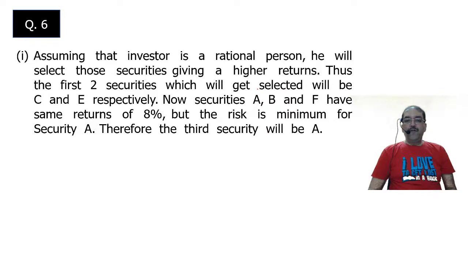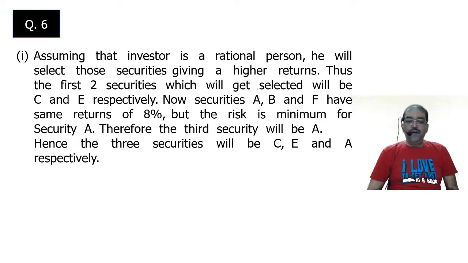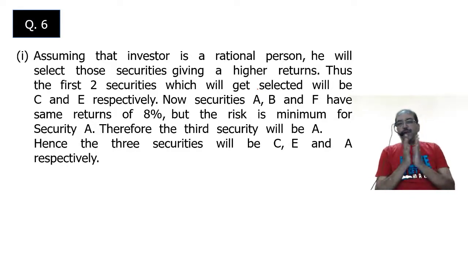But the risk is minimum for security A. Therefore, third security will be A. Hence, the 3 securities will be C, E, and A respectively. So this is the first part of your question.